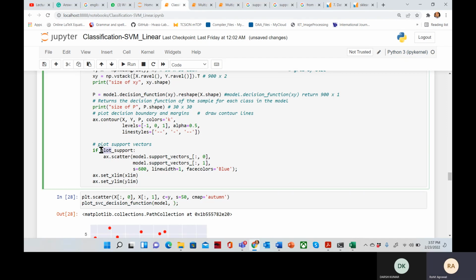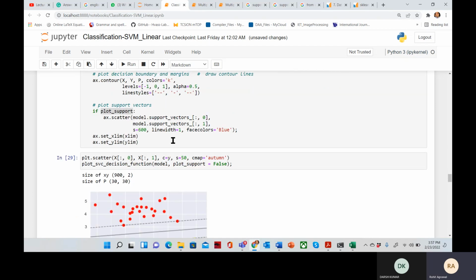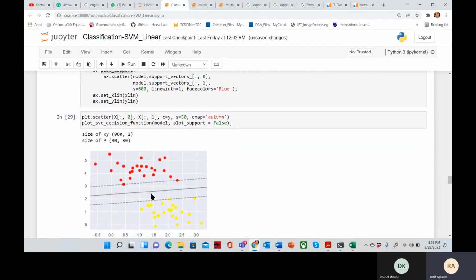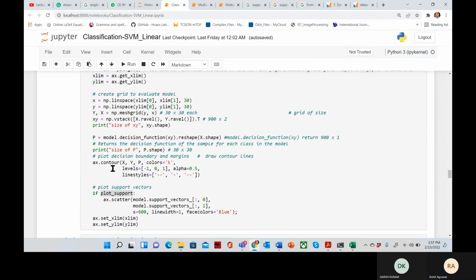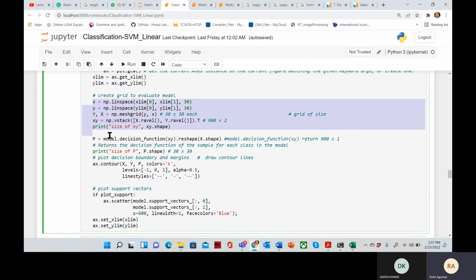Let me first set plot support vectors to false. So now you can say this is the decision function, the decision boundary. How do we do this?